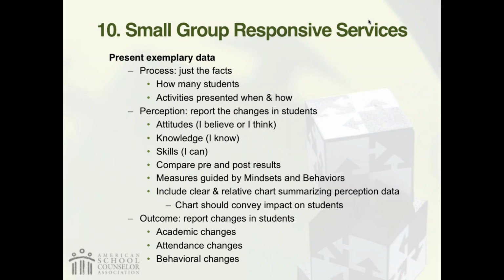We said it earlier: having another pair of eyes look at your chart before you submit it, and is that person able to explain what the chart says, is a really good practice to make sure that you're on target in terms of submitting a chart that is clear and does a good job of summarizing the information. And then outcome data is the academic, attendance, or behavior changes that occur as a result of the groups.